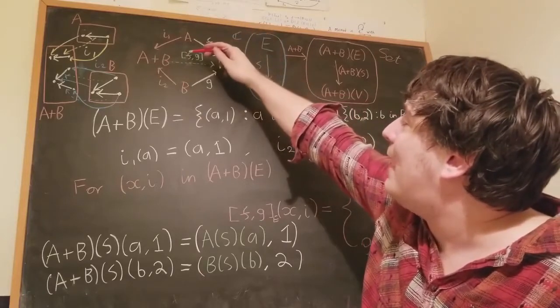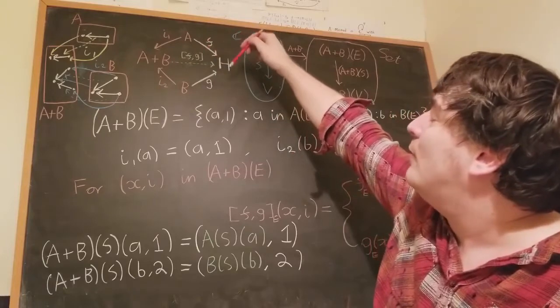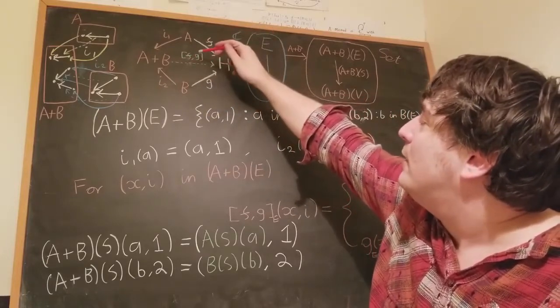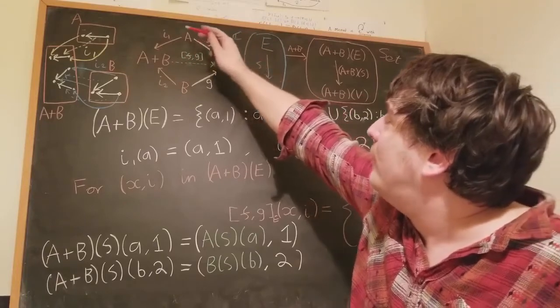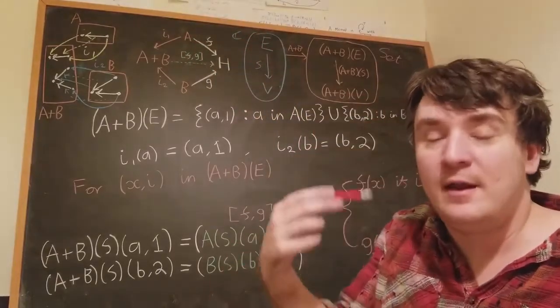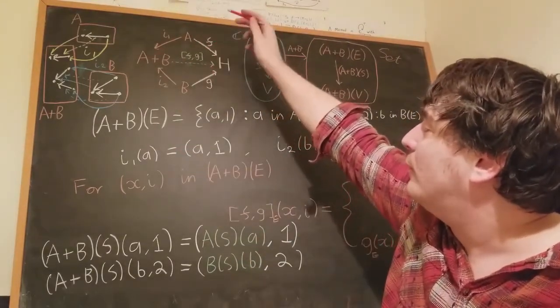Okay, so we call this arrow [F, G] in square brackets, and we want it to be a unique arrow such that [F, G] after I1 is F and [F, G] after I2 is G. Okay, so that's the definition of a coproduct.